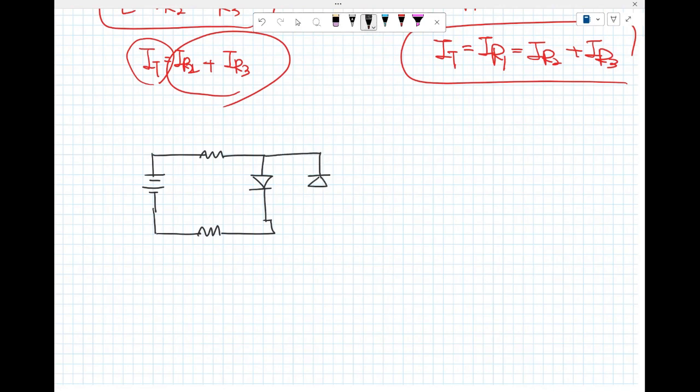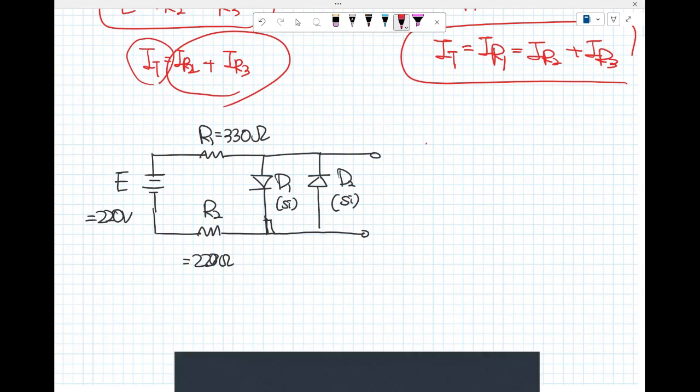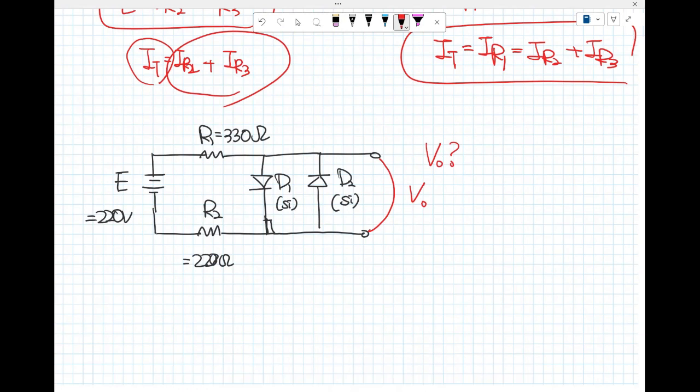This is the E, 220 volt, and R sub 1, 330 ohm here, and R sub 2 is 220 ohm, and D sub 1, silicon, and D sub 2 also silicon. So now here we go. What is V sub 0? V sub 0, like this one.